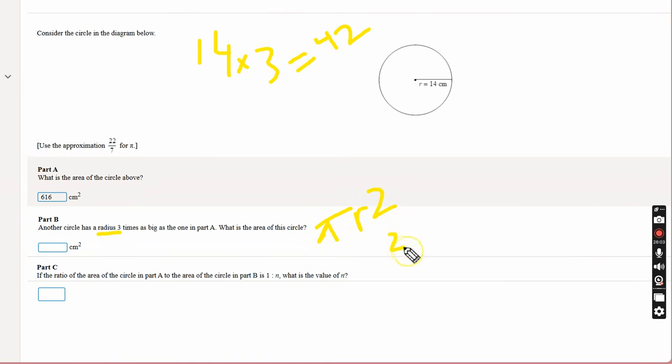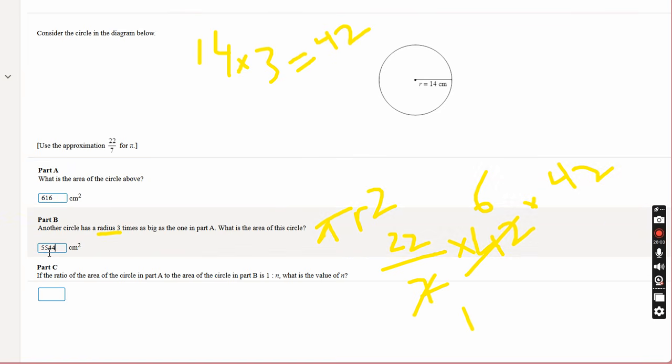So pi is what? 22 over 7, times 42 times 42. Okay, you can simplify this. You can cross this out as 1. You can make this as 6. Now simplify. What is 6 times 22 times 42? What is that? 5544. Okay, so this is 5544.